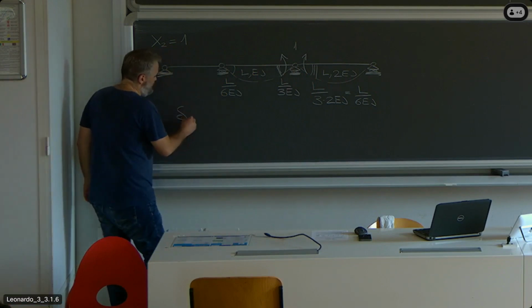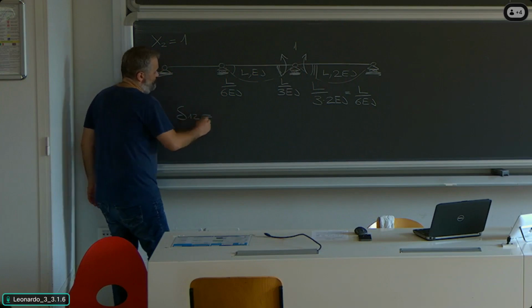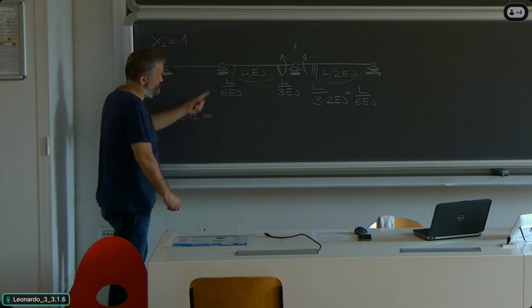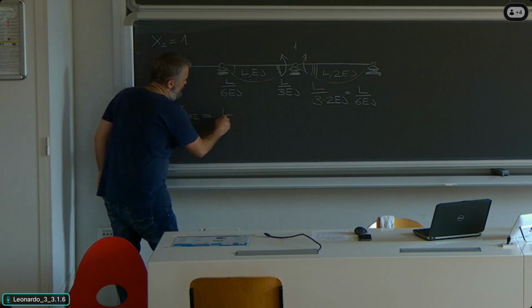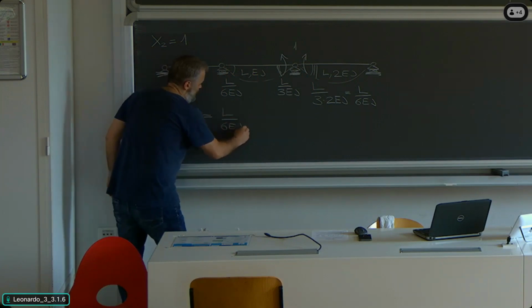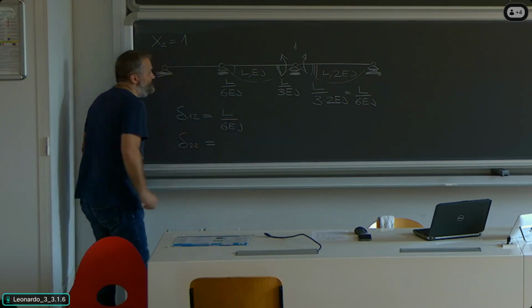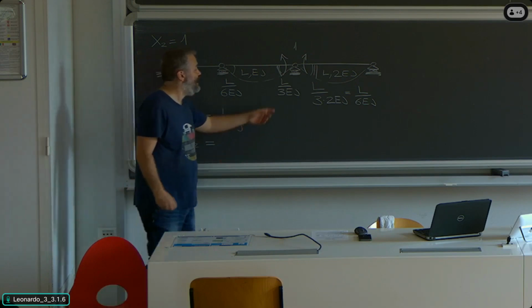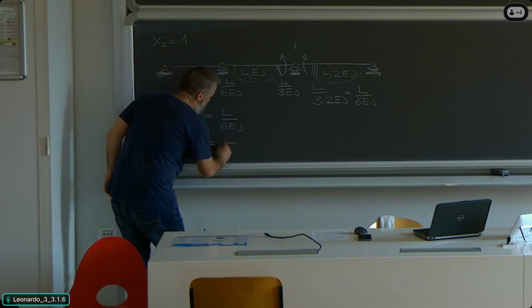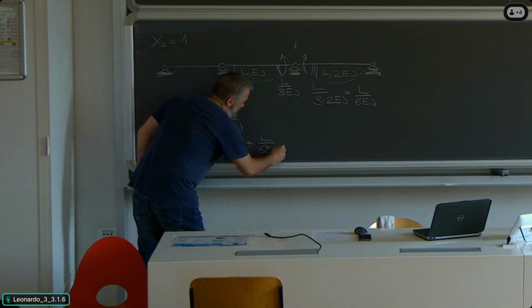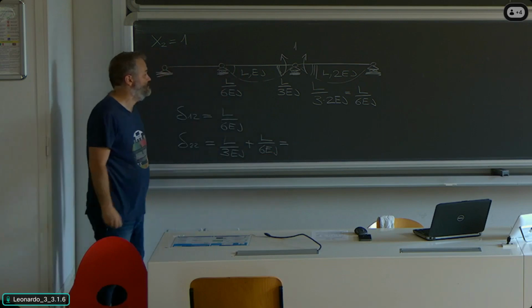Also in this case, the total relative rotation delta 1,2 at the first point, which is point B, is L divided by 6 EJ, and what I call delta 2,2 is equal to the sum of L divided by 3 EJ, contribution from the second span, plus L divided by 6 EJ, which is the contribution from the third span.